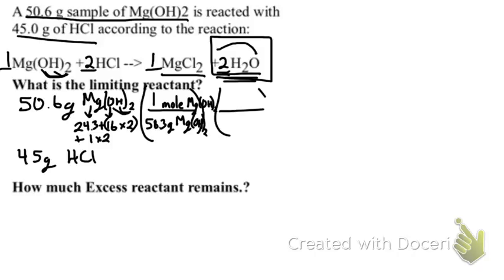Now we need one more step. We need to get to moles of water in this case. First we need to cancel moles of magnesium hydroxide. Only one way to cancel moles of magnesium hydroxide. That's with moles of magnesium hydroxide. And then we can go to moles of water.